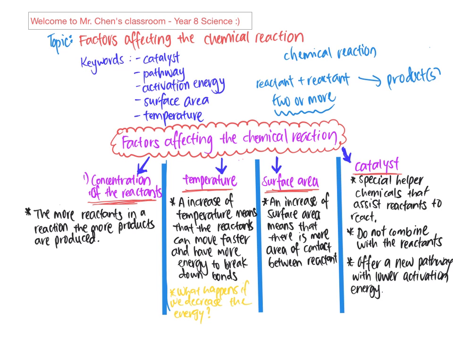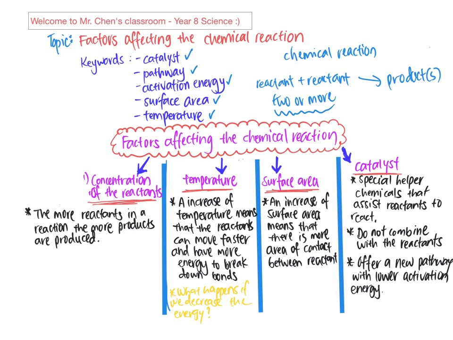And the keywords that I want you to know are the following: catalyst, a new word for you, pathway, activation energy, surface area, and temperature. You probably have heard of a few of them. There are four factors affecting the chemical reaction that we're doing.